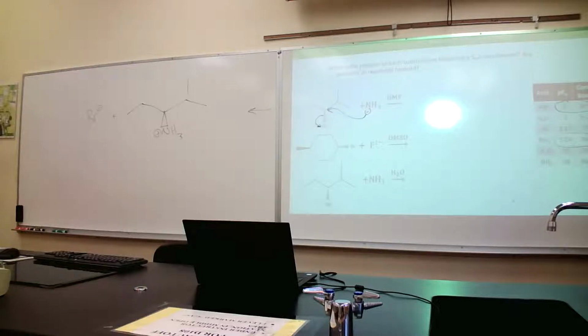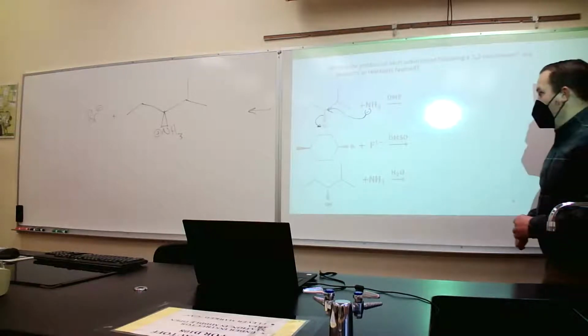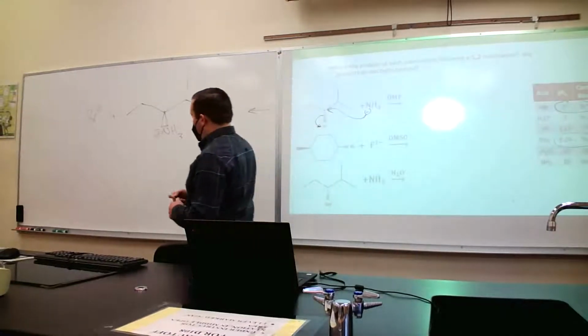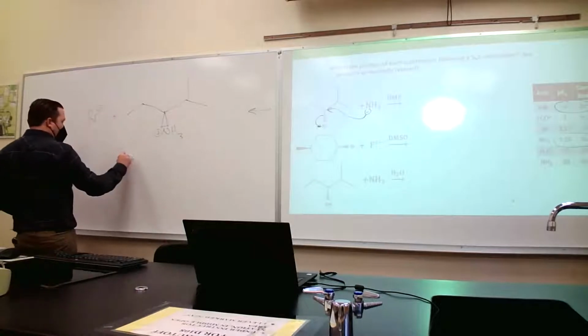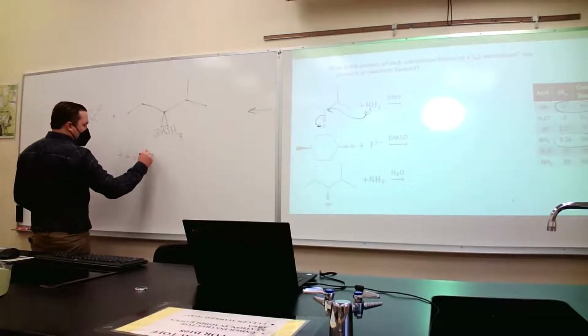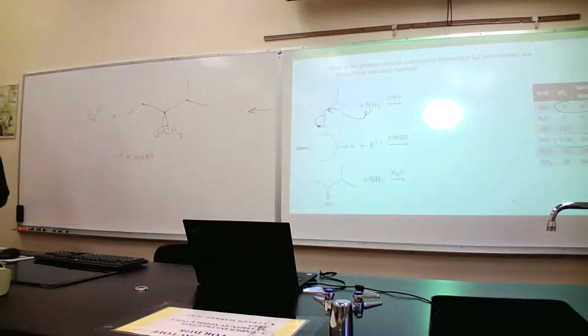NH3 will leave, but not when its competition is bromide. We can replace an NH3 with a hydroxide, because NH3 is a better leaving group than a hydroxide, but it's not nearly as good a leaving group as bromide. So that tells us we would favor the product side at equilibrium in an aprotic solvent.